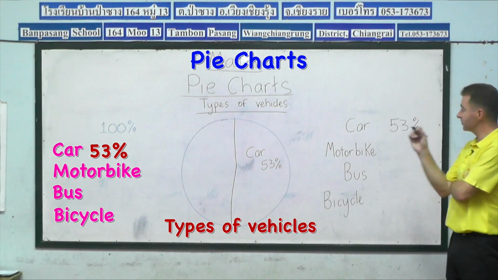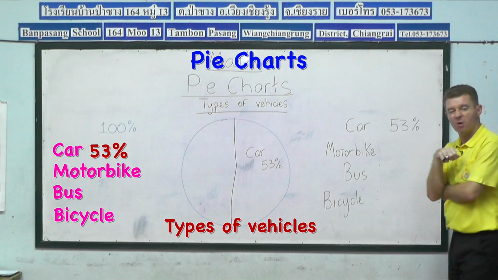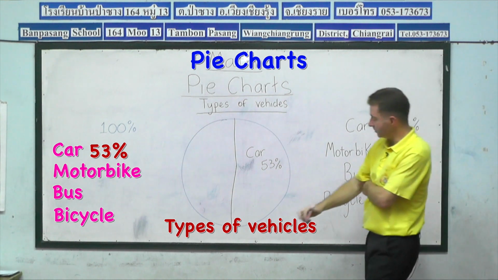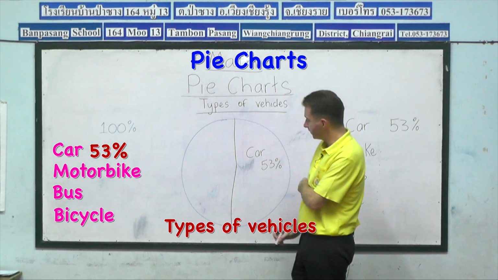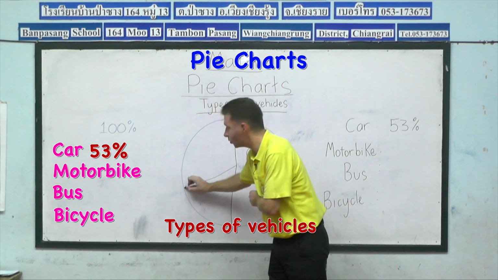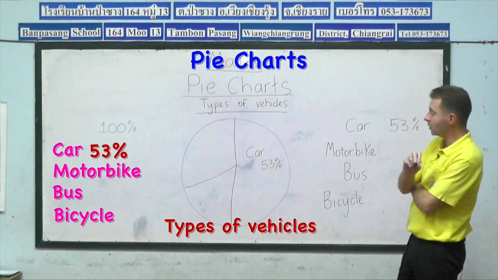Now, let's move on to the next category. How about motorbike? 21, yes. So around half of the cars. So what we need to do is we start from here, 53%, and then we need to move towards around 21%, which is maybe something like this. That looks about right.